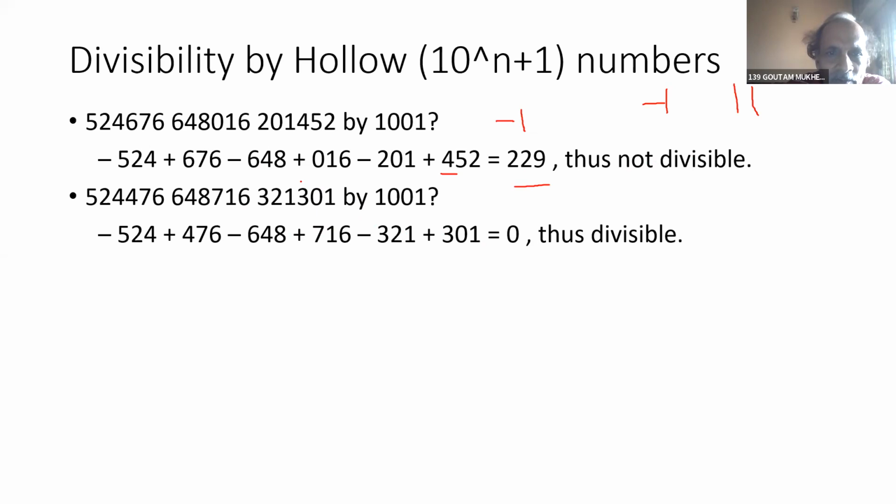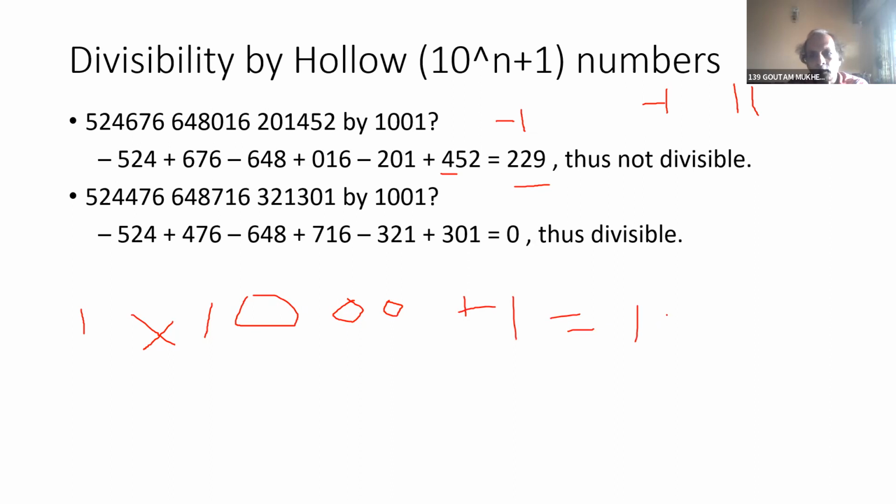But how do you decide this negative, positive? Oscillator is this, because see, 1 into 1000 plus 1 is 1001.